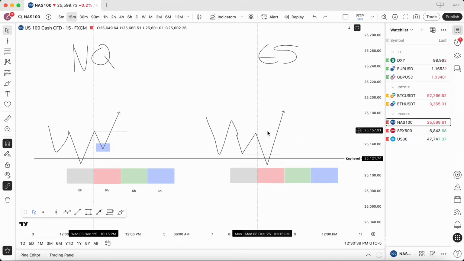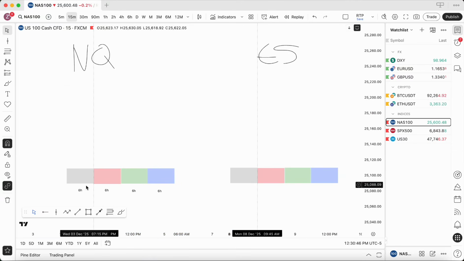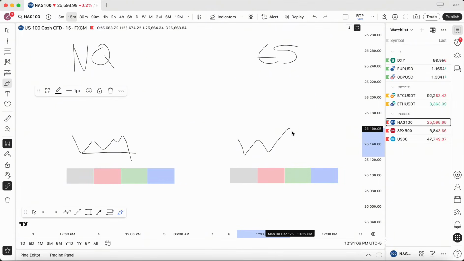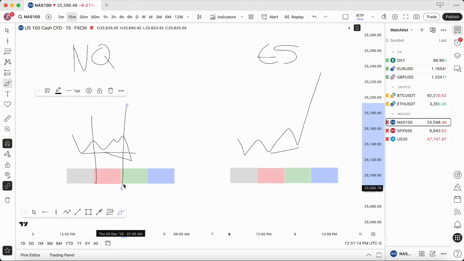What you have to know is that sequential SMT is SMT between quarters on 2 assets or 3, right? In this case, you can have a range like that and Q3 to make a purge, and right here you can have the same thing but a failure swing like that. This is also between the last 2 quarters.